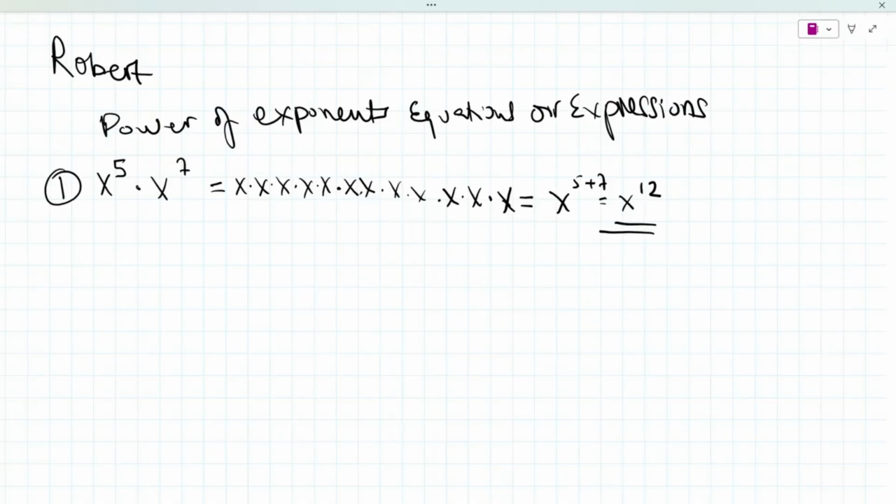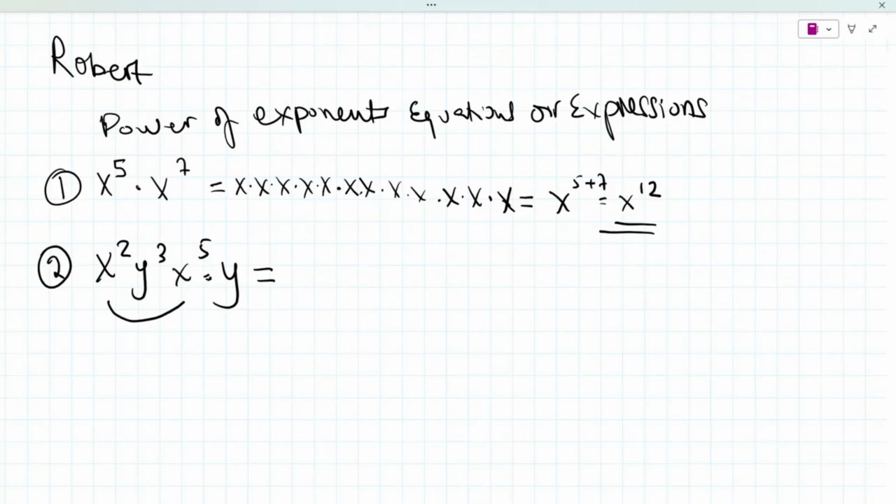Okay, let's look at a second example. If we are given x squared multiplied by y cubed multiplied by x to the power 5 multiplied by y. Now, we need to pick out like terms.